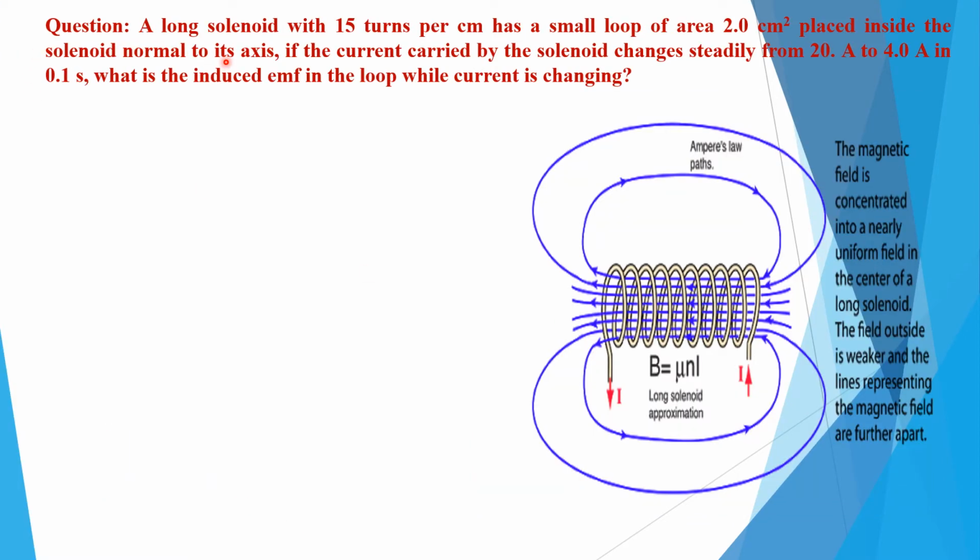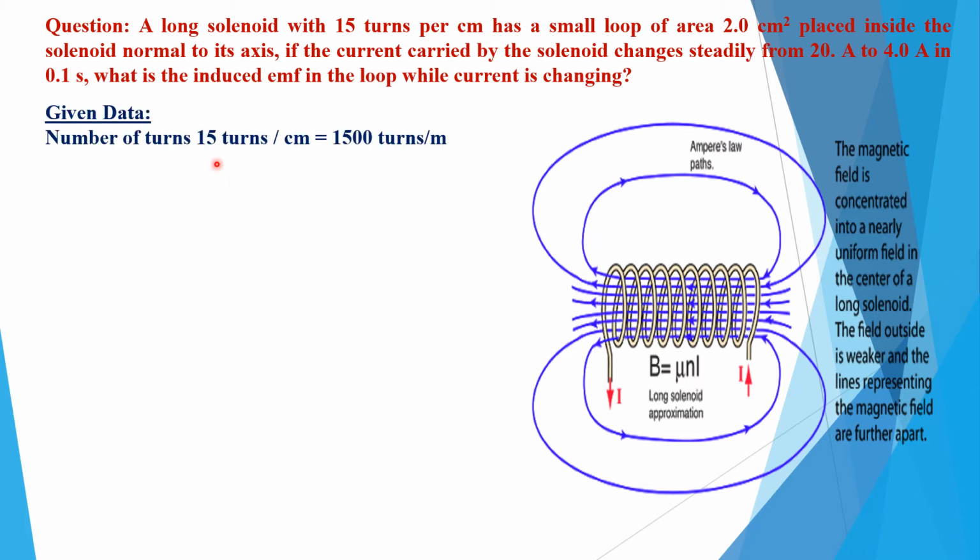Question: a long solenoid with 15 turns per centimeter has a small loop of area 2 centimeter square placed inside the solenoid normal to its axis. If the current carried by the solenoid changes steadily from 2 ampere to 4 ampere in 0.1 second, what is the induced EMF in the loop while the current is changing?